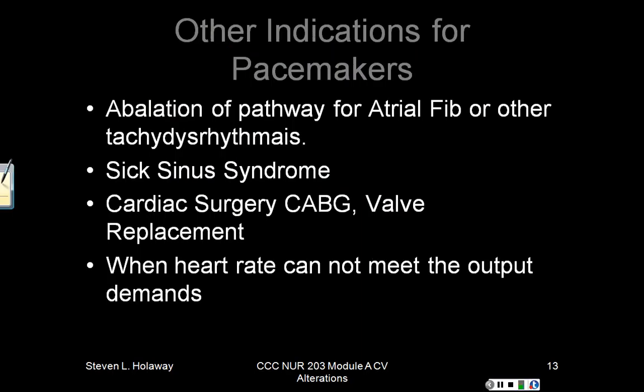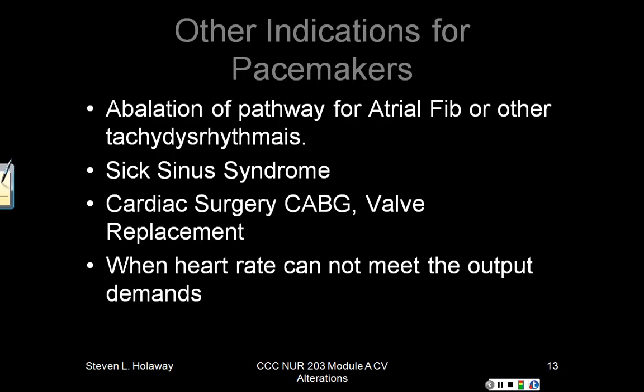The other thing that we see sometimes is our patients who have atrial fibrillation with a rapid ventricular response. In many cases, we can't convert these patients from that atrial fib rhythm, so we have to do something to block that rapid ventricular response. And what the cardiologist will do, they will go in and use an electrical stimulus and actually burn or ablate that pathway for that irregular rhythm.